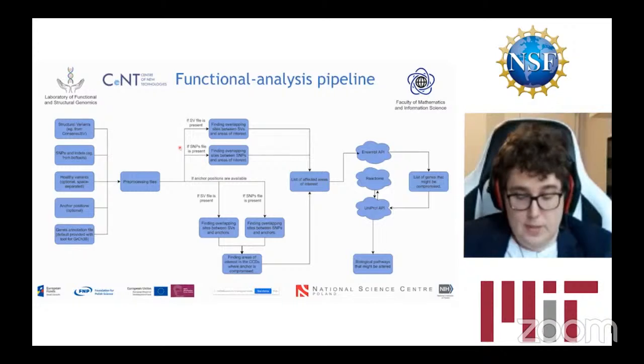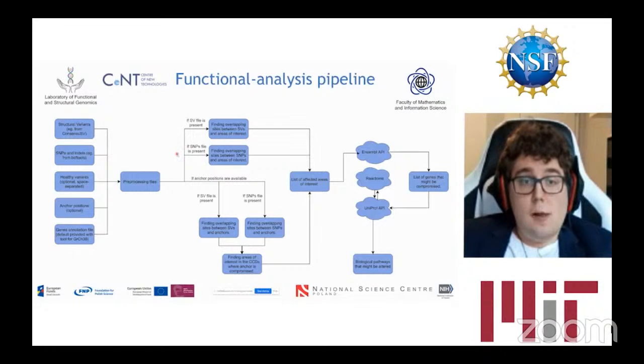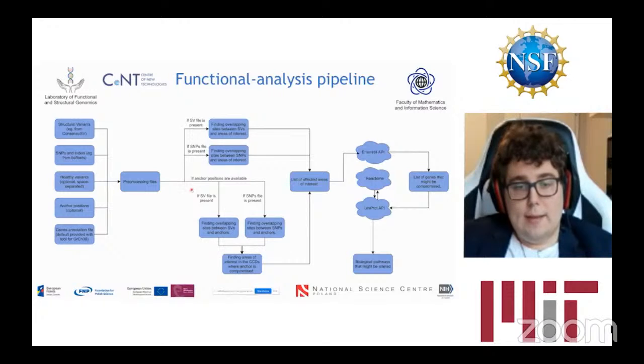upstream from the gene. This is the case of the 1D analysis, but in case the anchor positions are available, we look for the overlaps between anchors and SVs, SNPs and indels, and then we take all the areas of interest in the CCD where the anchor is compromised and put them on the list.